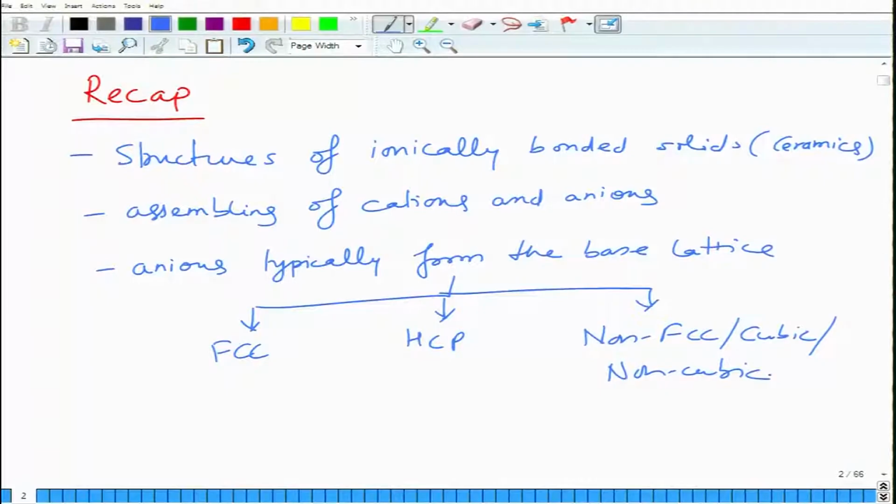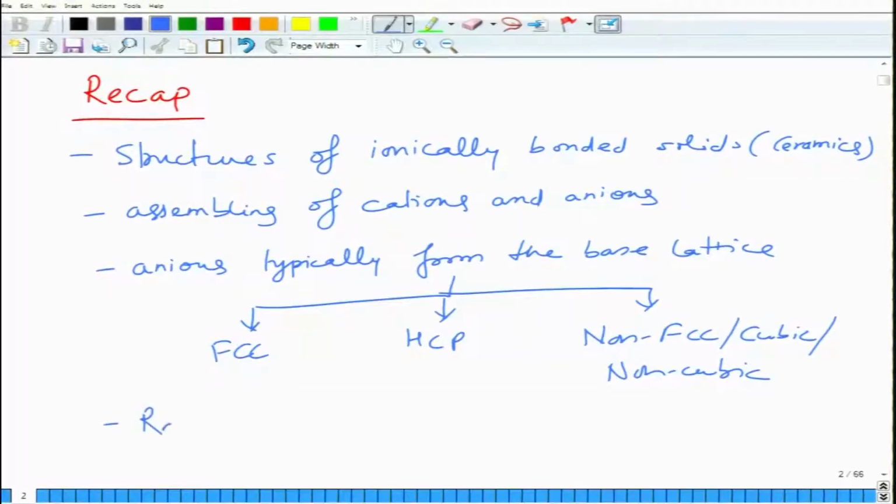Anions pack themselves in face centered cubic or hexagonal close packed form. The cations occupy the interstices, which are typically octahedral and tetrahedral, but could be some other kind, depending upon their radius ratio. So the radius ratio determines by and large to which interstices the cations will go, and as a result you form various structures.